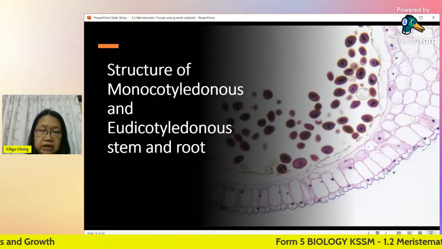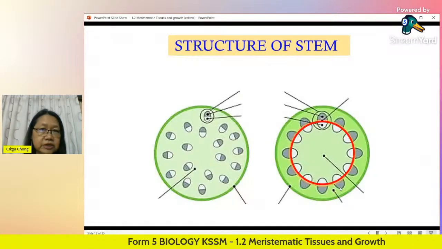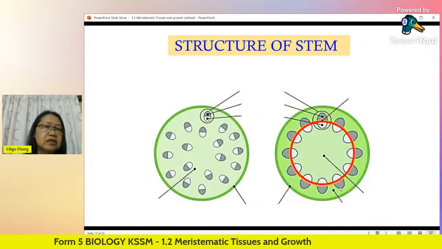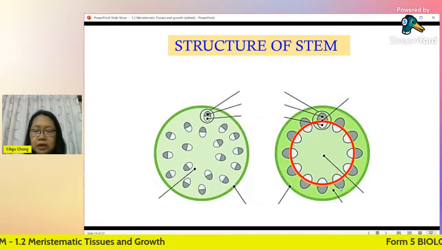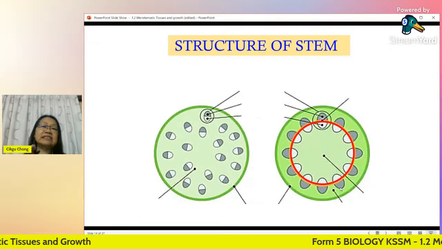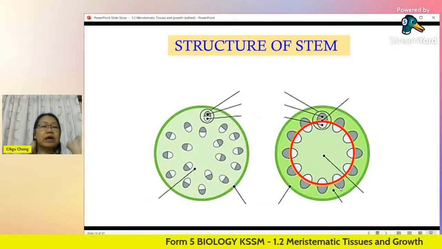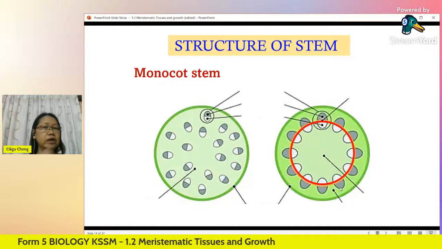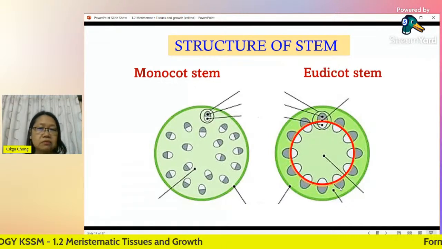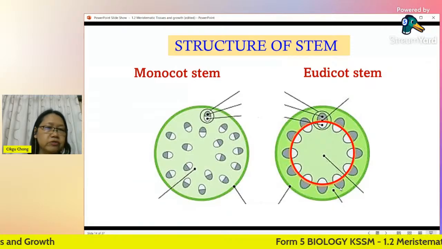I'm taking this chance to explain to you because this is an important skill. You need to know how to recognize which is monocot and which is eudicot. First of all, look at the structure of the stem, and you must also know how to label. The one on the left is a monocot, and the one on the right is a eudicot. After I tell you, I'll explain how you recognize them.